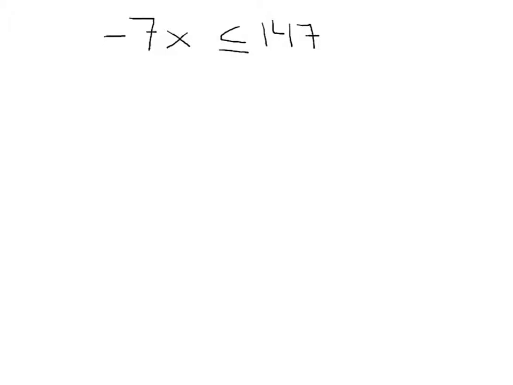And there's a special rule that comes up when you have multiplication and division, and that is when you multiply or divide by a negative number, you have to flip the inequality sign the other direction. So in this case, let's solve it like we would an equation. We would have to divide both sides by -7.